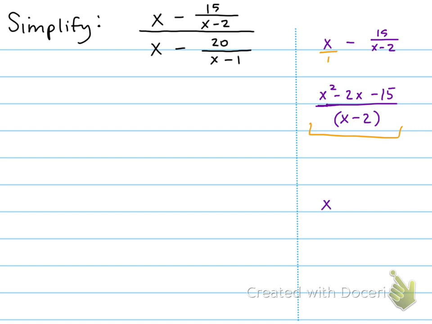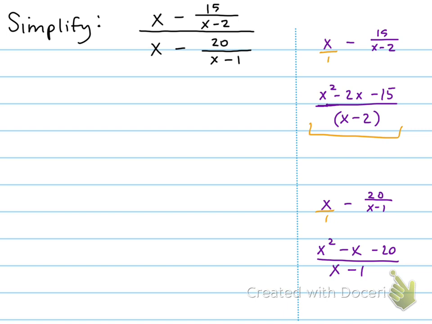Then I do the next one. Well, the next one says I have x minus 20 over x minus 1. Now again, remember this is over a 1. X is divided by 1, so common denominator would mean we're dealing with x minus 1 as our common. Now I have this negative 20 that stays as it is, but I have to multiply x times x minus 1. So I get x squared minus x minus 20, all divided by x minus 1.